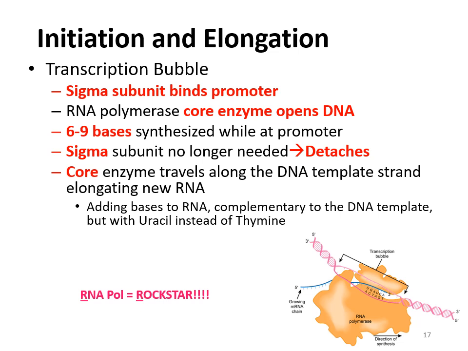And the reason why I write RNA pol is the rock star is to once again emphasize that RNA polymerase does not have the limitations that we saw with DNA polymerase.